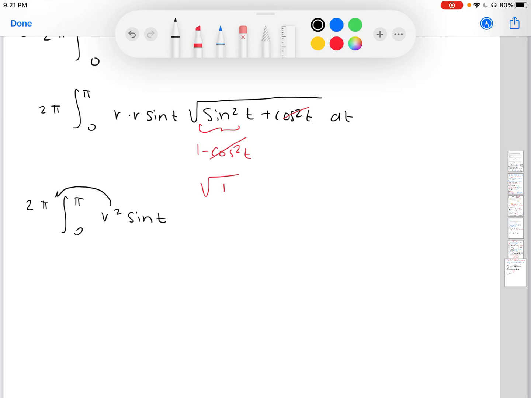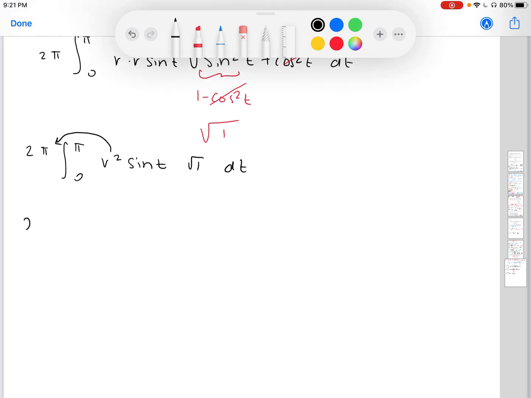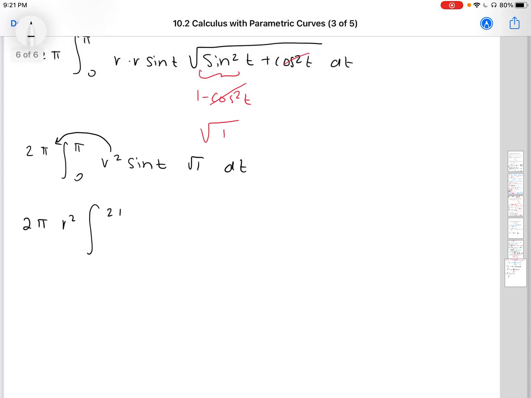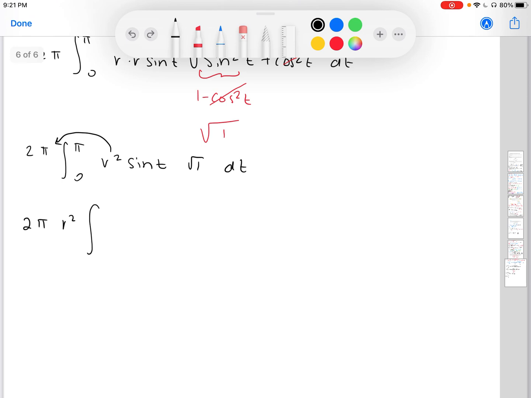And actually, we can move this r squared out too. We'll do that in the next step. The square root of 1 is just 1.